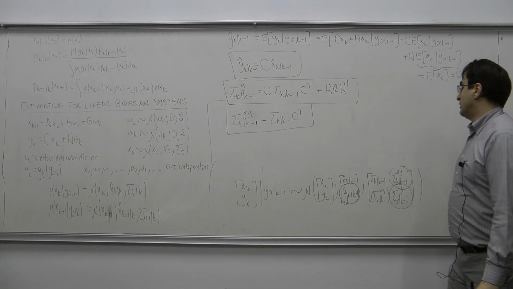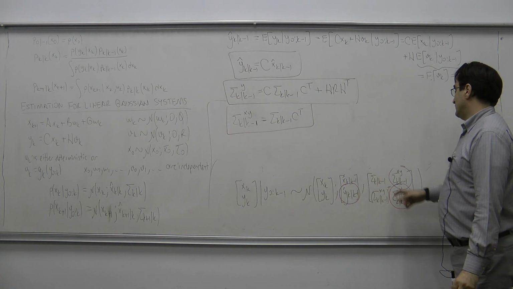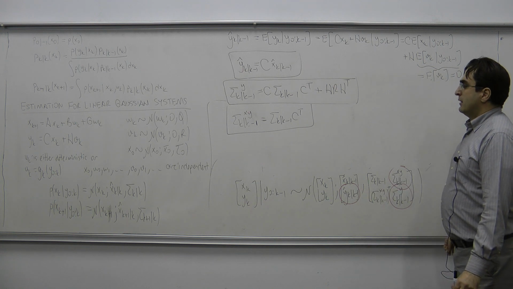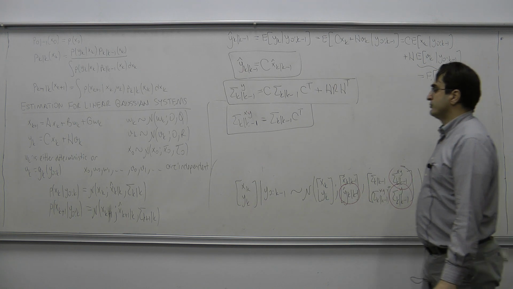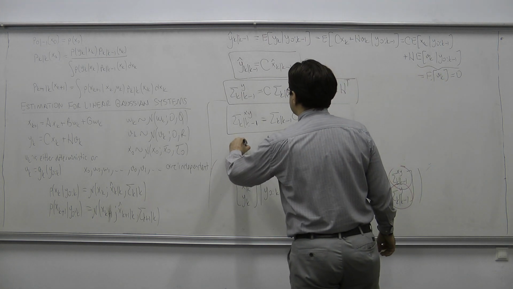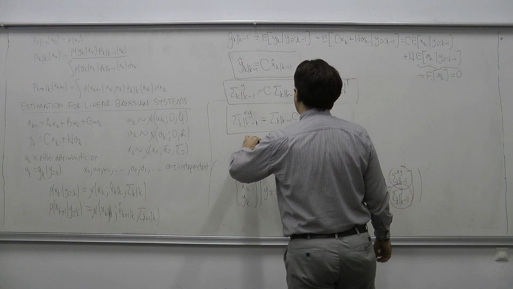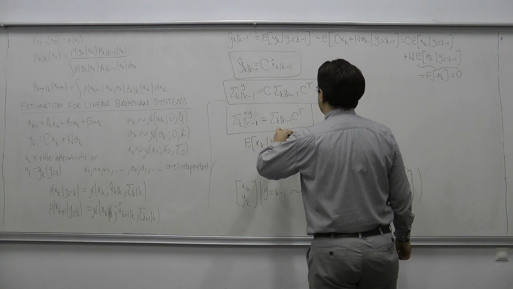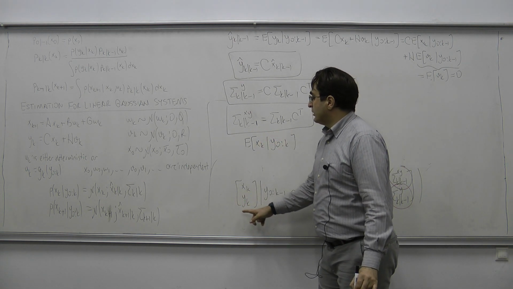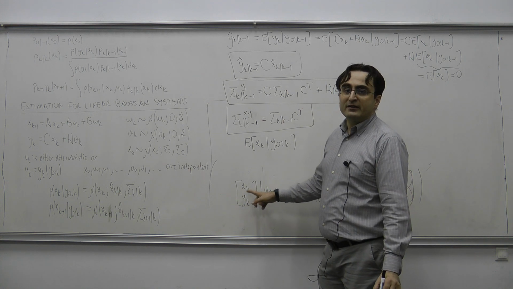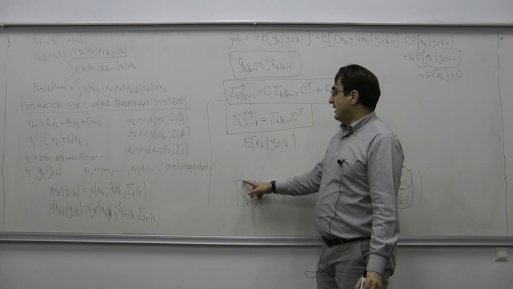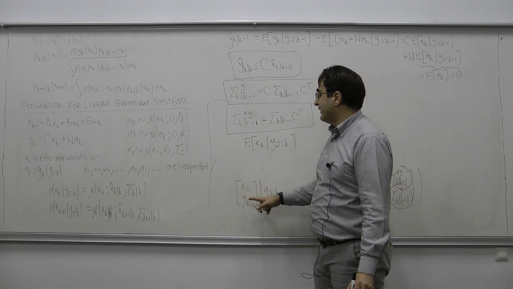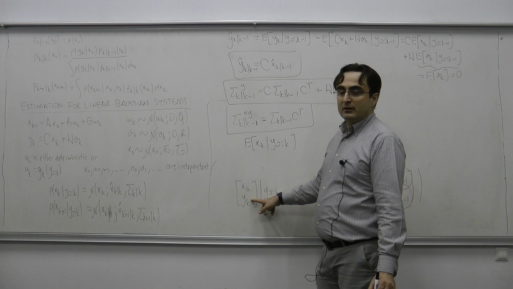Now I know what these unknown terms are. Okay? Now all I have to do is calculate the expectation of xk given y0 to k. So I need to assume that this yk is given to us, and I need to calculate the conditional expectation of xk given yk.